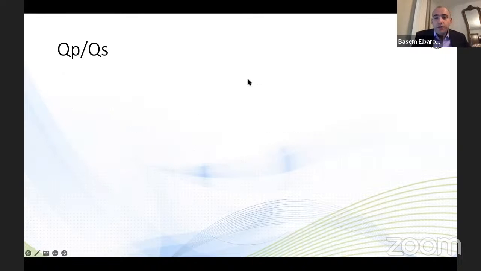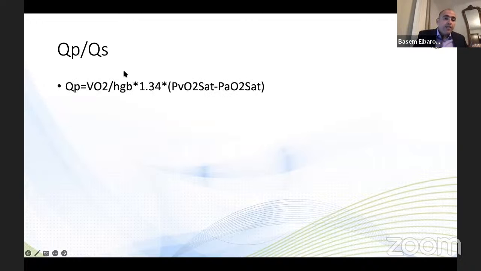So how do we calculate the QPQS? So remember when I talked about the Fick equation, I said that cardiac output equals the VO2 divided by the hemoglobin multiplied by 1.34, which is a constant, multiplied by the difference in the oxygen saturation. Now we're dealing with two different circulations, the lung circulation and the systemic circulation.